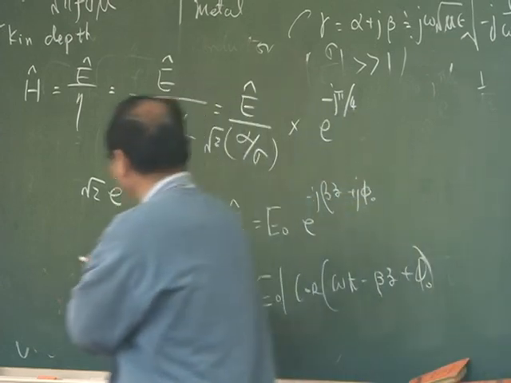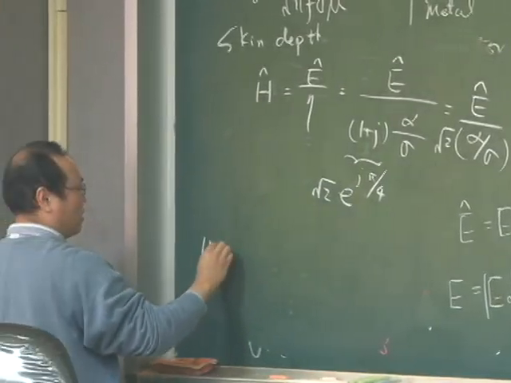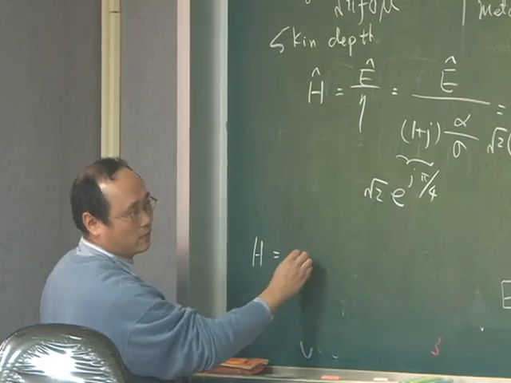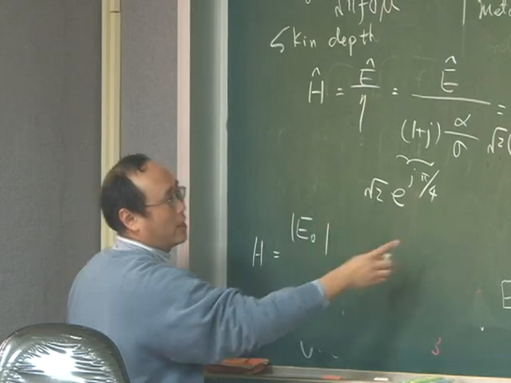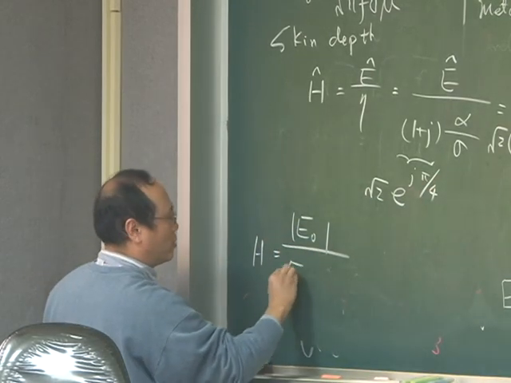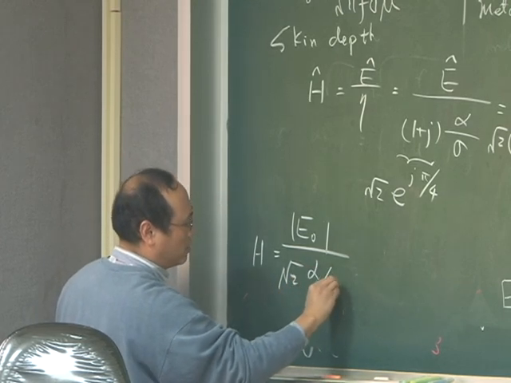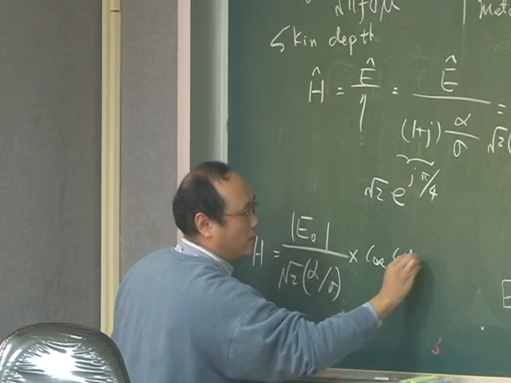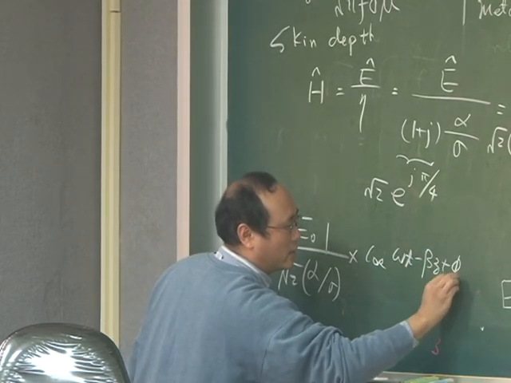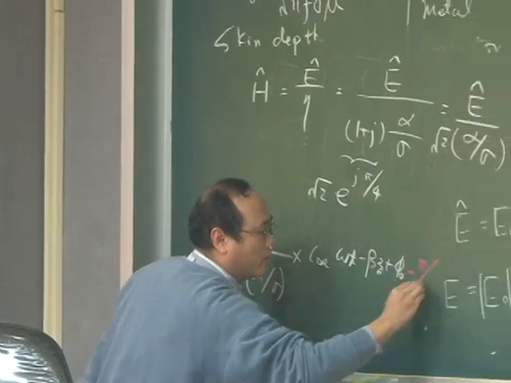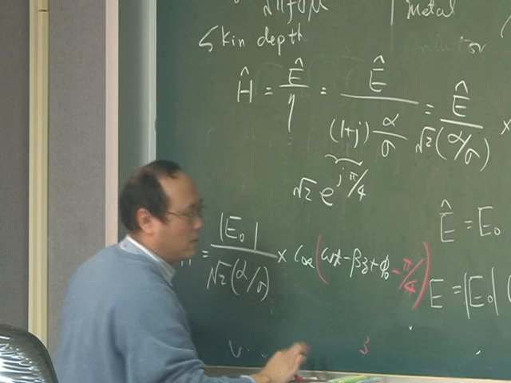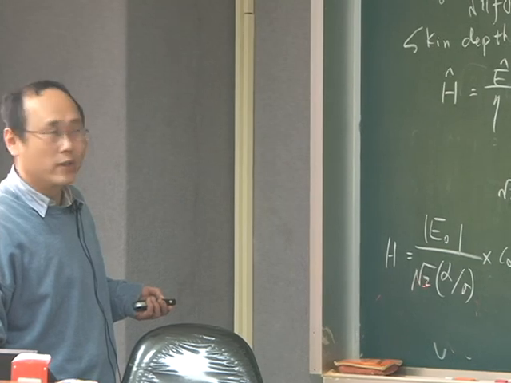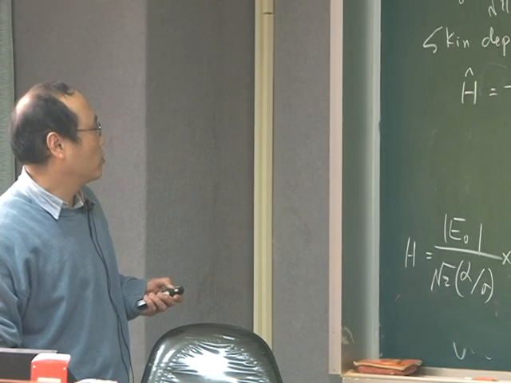My magnetic field as a function of time and position is going to be equal to E naught, and then divided by this factor, square root of 2 alpha over sigma, and then multiply with cosine omega t minus beta z plus phi naught, and then minus pi over 4. Okay, this will be the expression for my magnetic field, because there's a phase shift between E field and H field by 45 degrees.